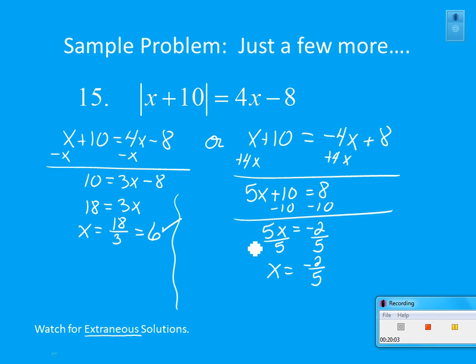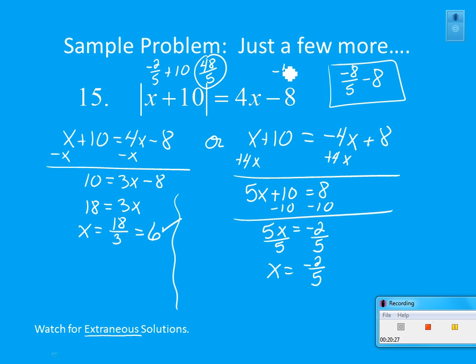If I plug negative 2/5 right here, I got to go negative 2/5 plus 10. Well, if I do that, I'm going to get 48 divided by 5, 48/5. If I plug negative 2/5 right here, though, I'm going to get negative 8/5 minus 8, which is some negative number.